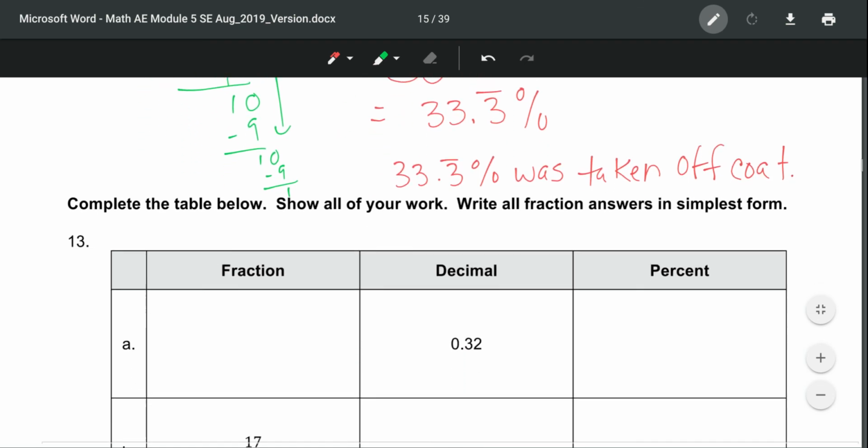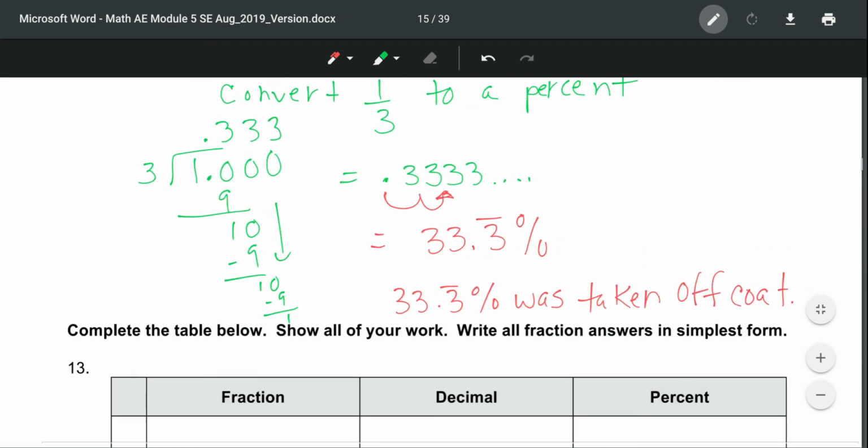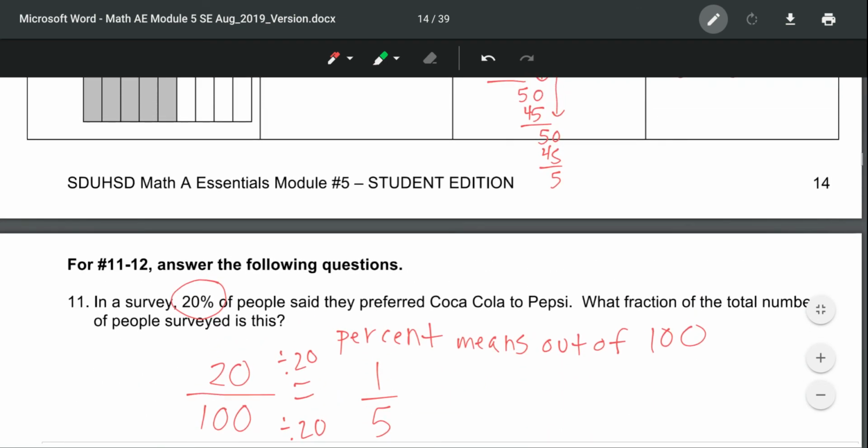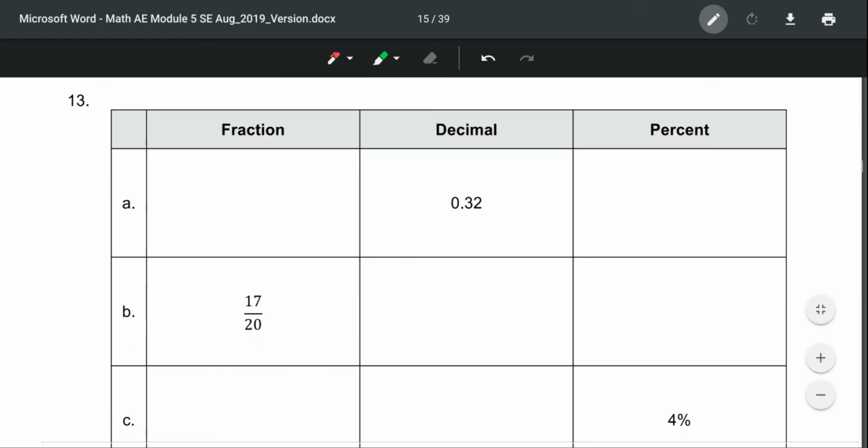Okay, number 13, you want to complete the chart. It's similar to what we did earlier on page 14, just without the bar model. So number 13, you have 0.32. So you want to convert 0.32 to a fraction.